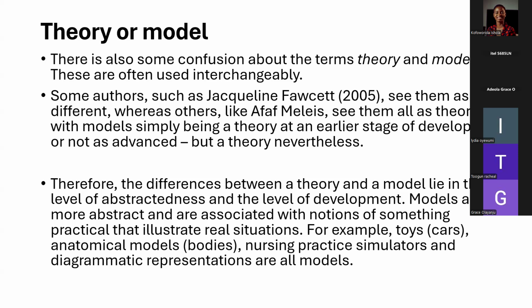For example, we have the Betty Neuman systems model, which is also another model, but that's a grand theory. Neuman's model is she drew one beautiful diagram that talks about flexible line of defense, normal line of defense, lines of resistance. Okay, her model tells us about the primary prevention, secondary prevention, and tertiary prevention.